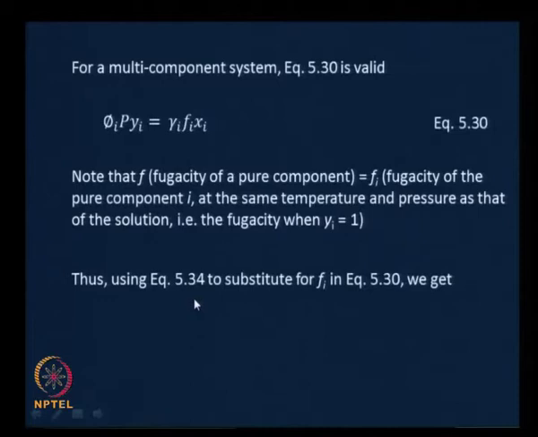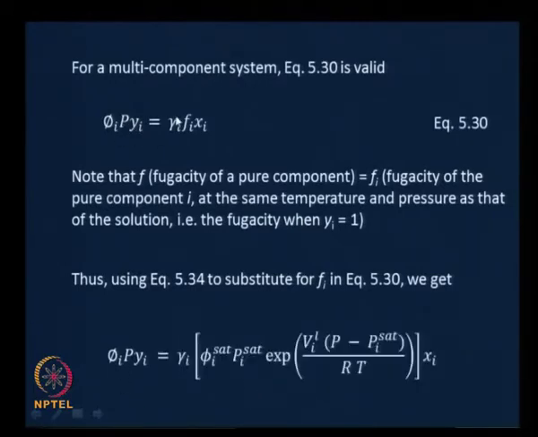Therefore, using equation 534 to substitute for F I in 530, we get phi I P y I, that is the left hand side, equals gamma I, same as gamma I here, x I same as x I here.